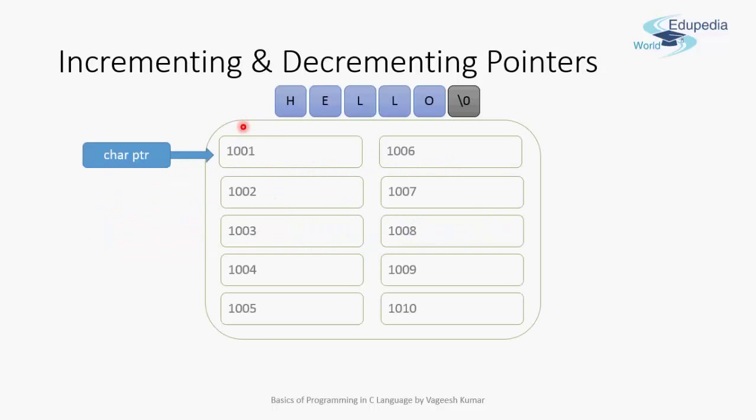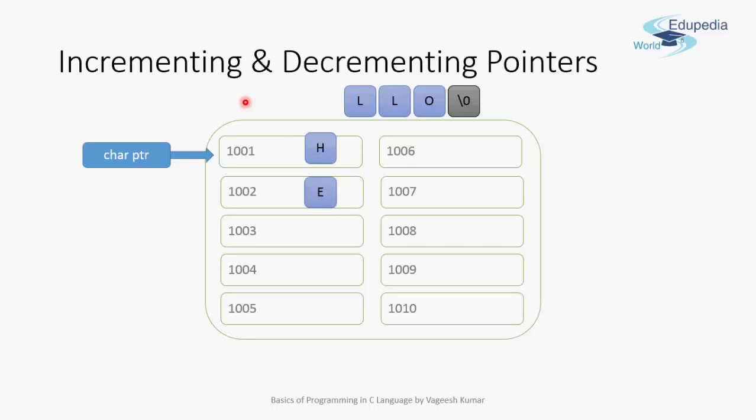Now let us see how incrementing and decrementing actually works in C language. Suppose we have a string hello that we have to store inside memory. How will this string be stored? There are 10 memory locations inside the memory area that we have taken here.